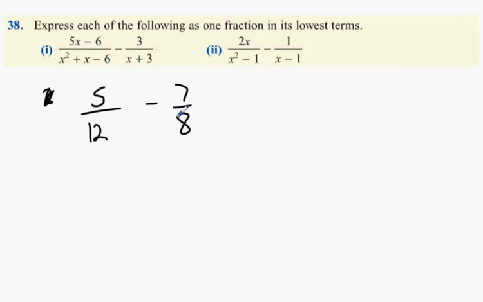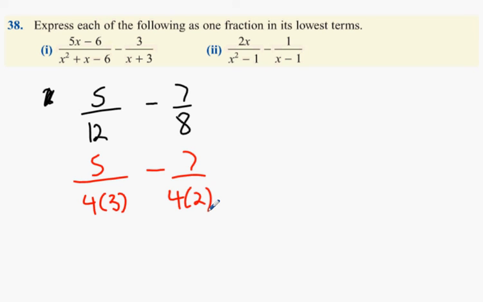Are the denominators fully factorized? No. So my suggestion on a question like this would be, we change the 12 into 4 multiplied by 3, we change the 8 into 4 multiplied by 2. Would you agree with that? Now, what's the difference? Would you still agree it's the same question?